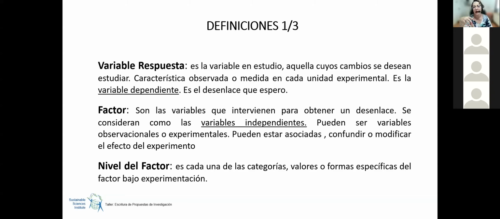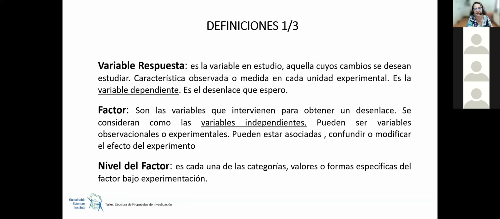It's not the same thing to see the response to an inhaler of someone who has chronic obstructive pulmonary disease as to see the response in a child that has only an asthma crisis. So see that the response to the same substance will vary due to other observational variables. When we have chronic obstructive pulmonary disease, we don't have a response of the alveolar tissue because it's a rigid tissue.